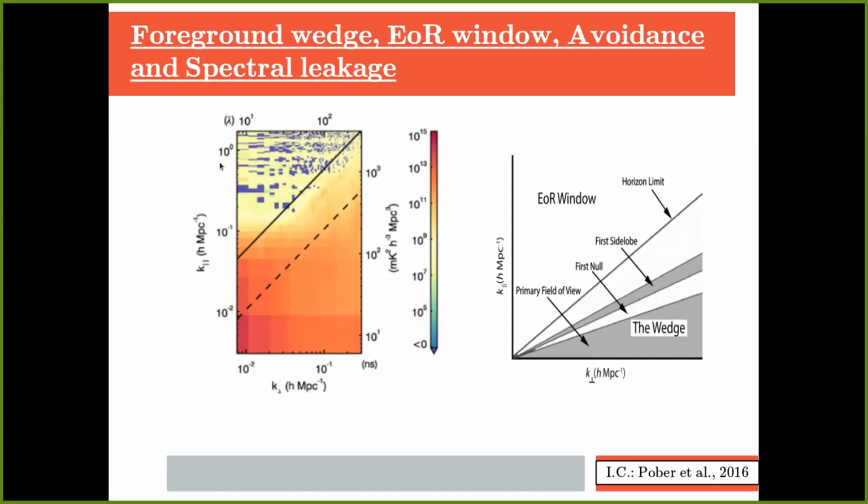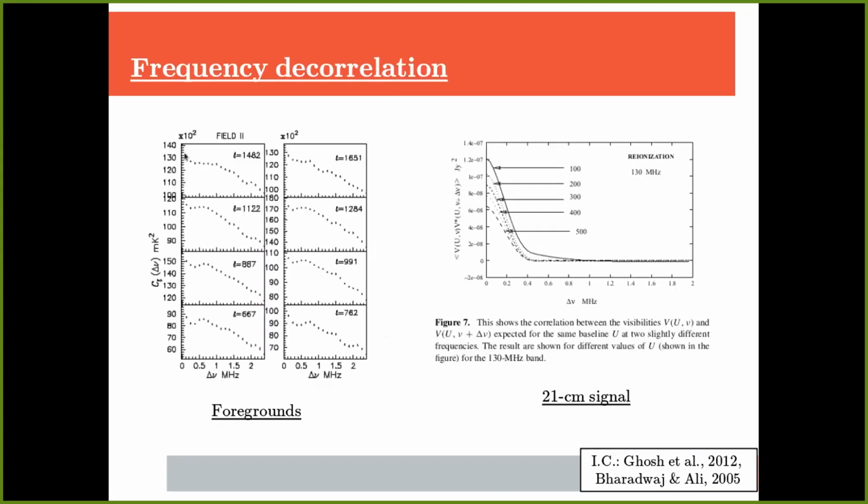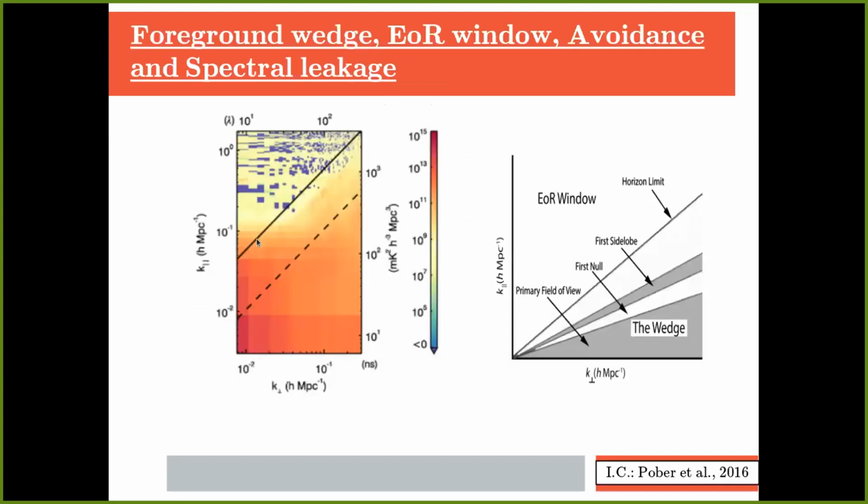and there is this window, essentially known as the 21 centimeter window, where one can hope to detect the 21 centimeter signal. However, it must be noted that there are various instrumental effects and other systematics which break this spectral smoothness and introduce oscillations in the foreground multi-frequency angular power spectrum, because of which, instead of being confined to this region only, the foregrounds also spill over into the 21 centimeter window that we are trying to observe.